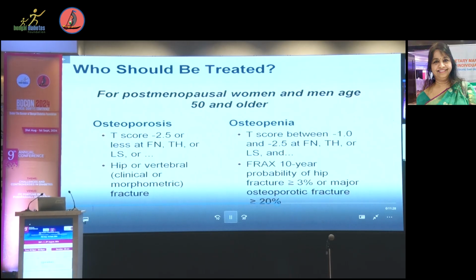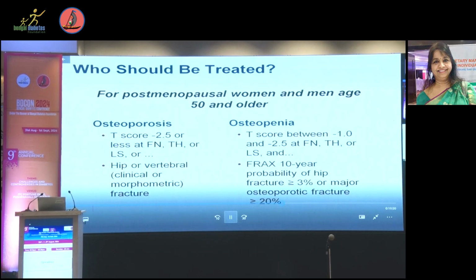Who should be treated? We treat postmenopausal women and men aged 50 and older if they have a T-score of minus 2.5 or lower. Minus 3 and minus 3.5 are lower scores.